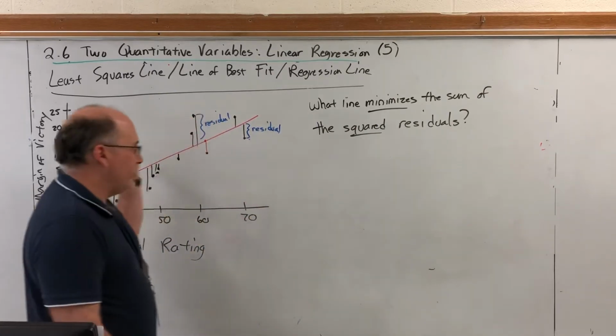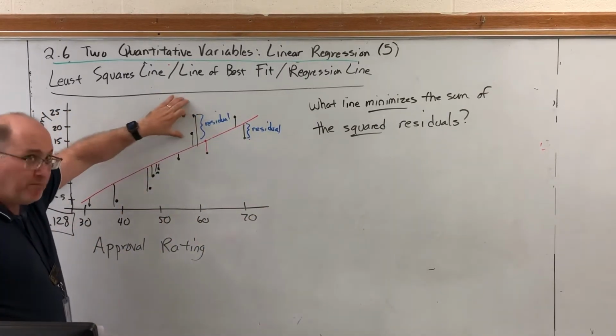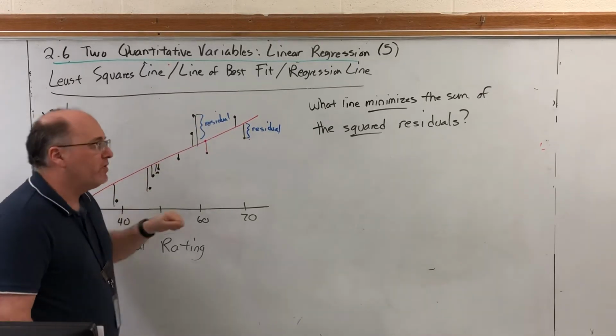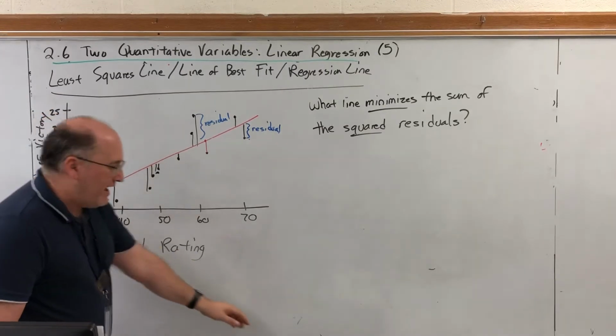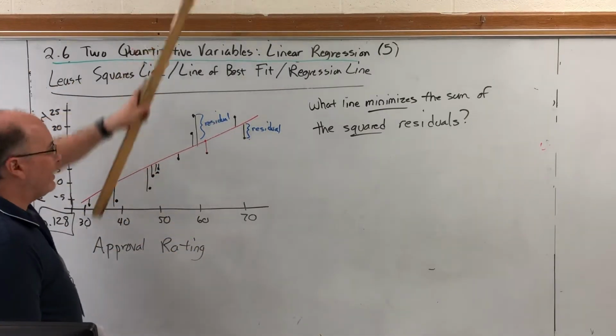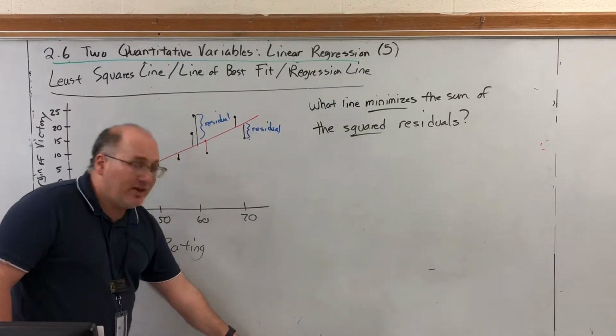By squaring all these residuals, remember it's just the length of the lines, positive if it's up here, negative if it's down here. If we square the residuals, they'll all become positive. And now the question is, is there a line where we can minimize the sum of the squared residuals?